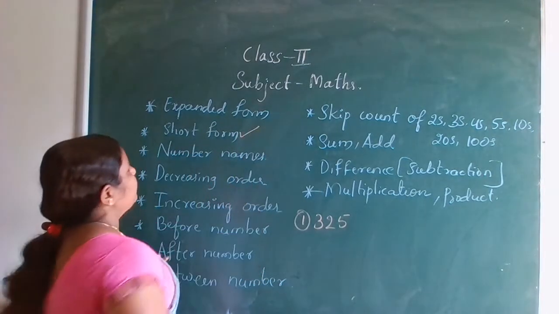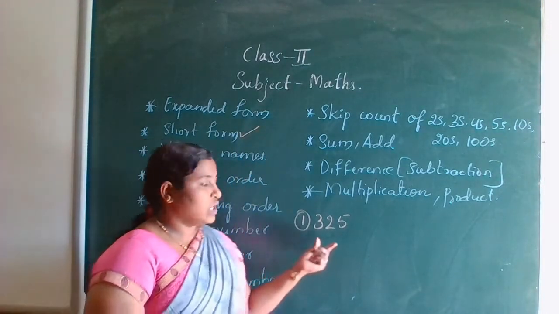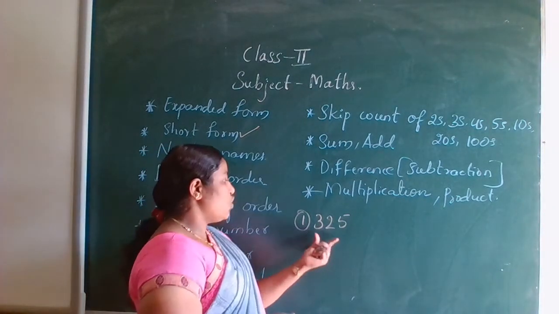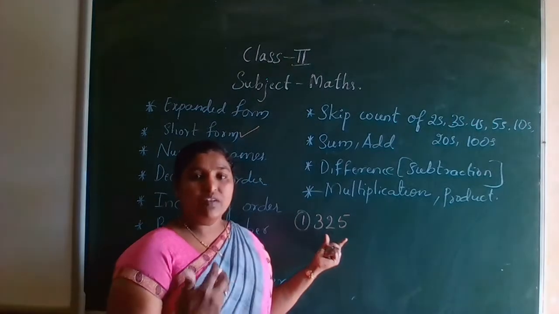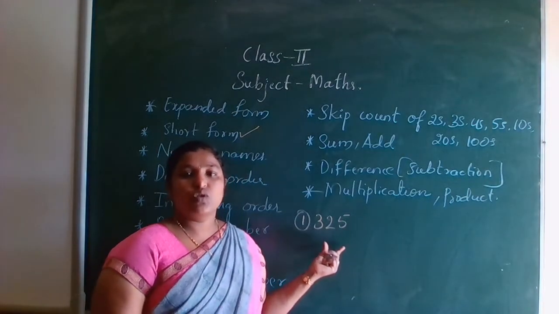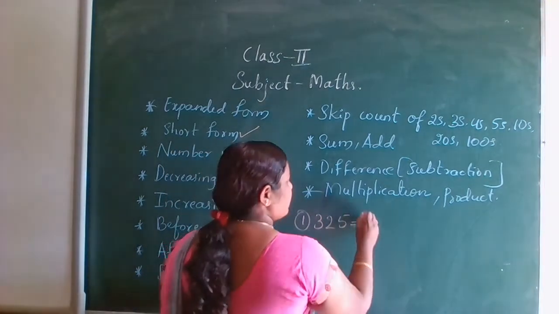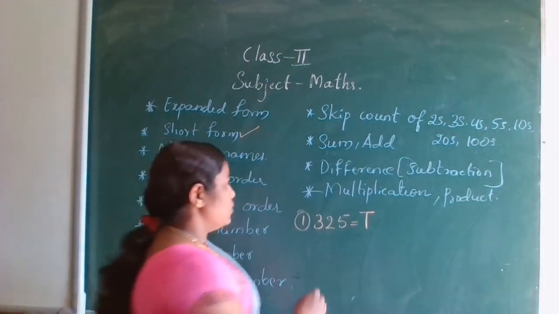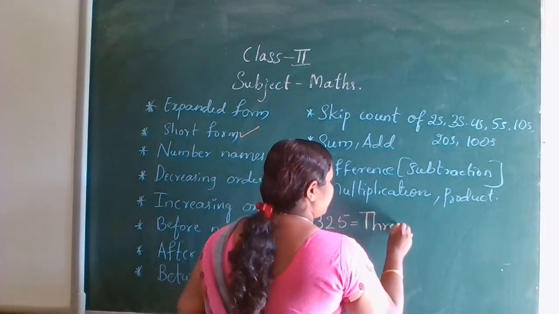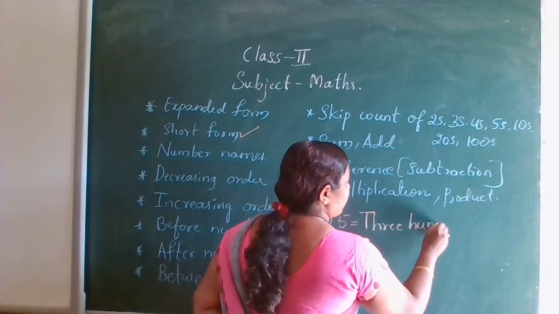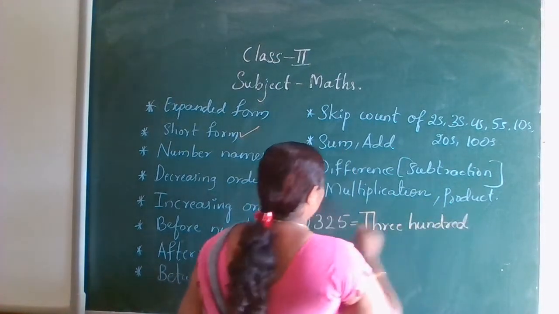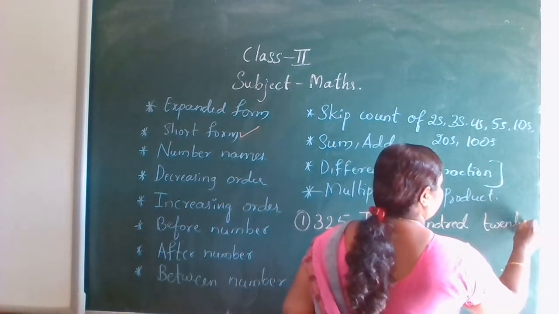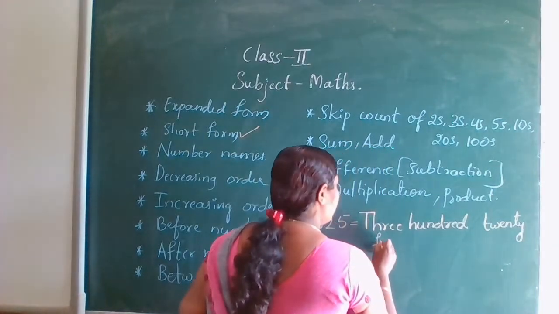Then number names. How to write the number name for the given short form? According to the places, how we read it, that only we should write. 325: Three hundred twenty-five.